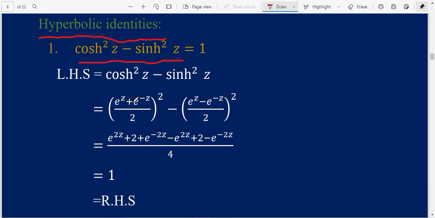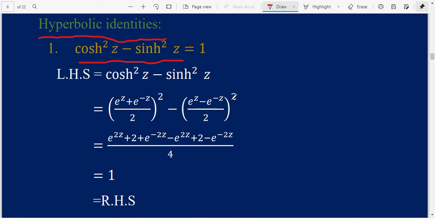The square of e raised to z plus e raised to minus z is equal to e raised to 2z plus 2 into e raised to z into e raised to minus z plus e raised to minus 2z.